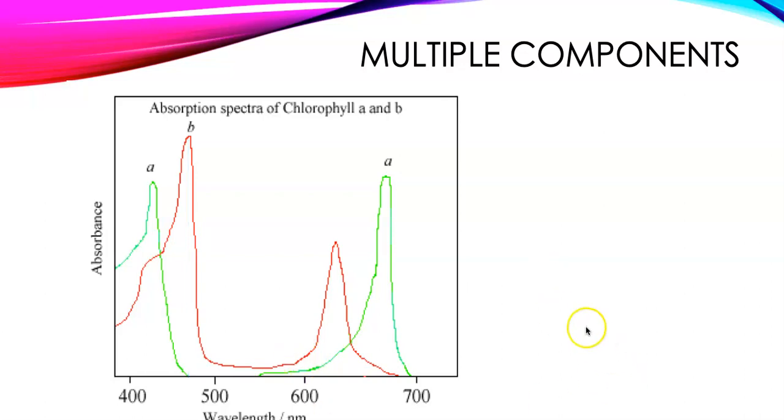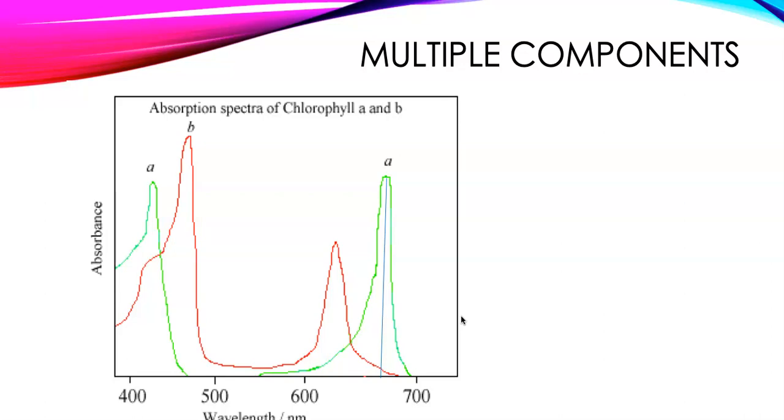Or if I wanted to look at just chlorophyll A, I might look at a wavelength of maybe 670 nanometers, something like that, because I don't get a lot of interference from chlorophyll B at that point.